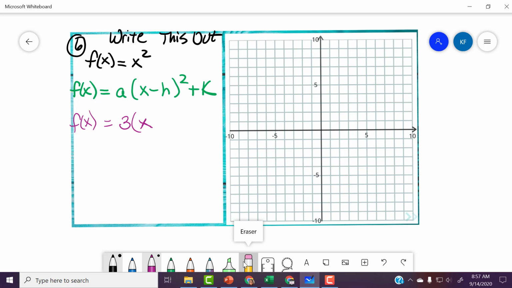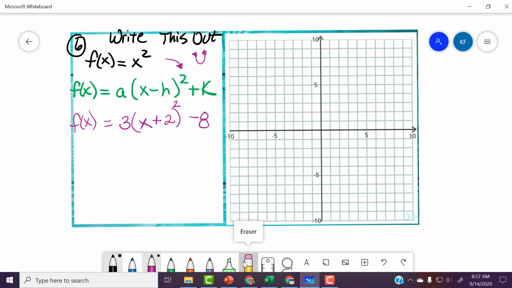And I'm going to change some of the signs, so if you think, oh, where did that come from? I'm just letting you know I'm using the same numbers, but I want to change the signs up just a little bit. And don't forget the square, because the square tells us that we're going to have some kind of graph that's a U. So some kind of graph that's a U.